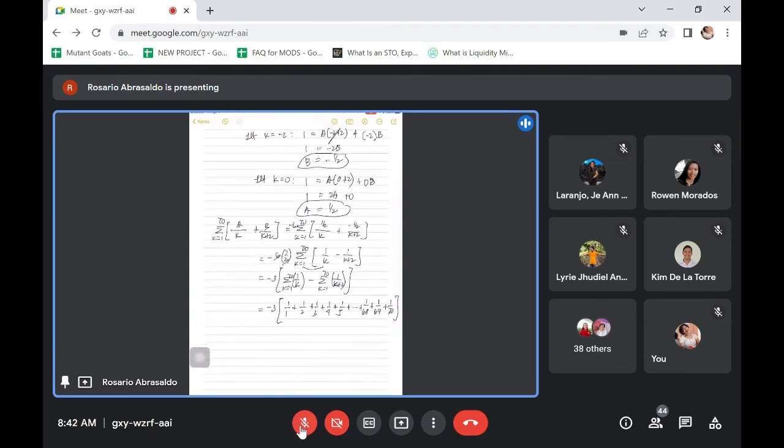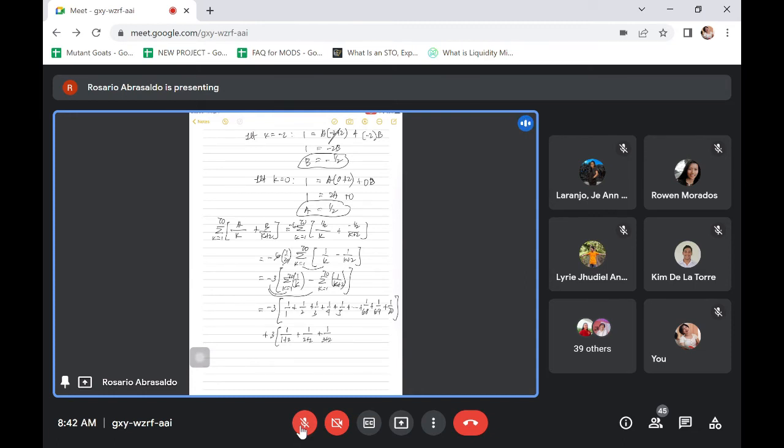Okay, the second time around, if we are going to distribute, negative, negative, it becomes positive 3. If k is 1, up to 5 always. 1 over 1 plus 2, plus 1 over 2 plus 2, plus 1 over 3 plus 2.